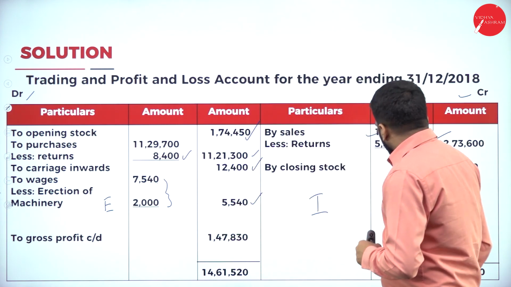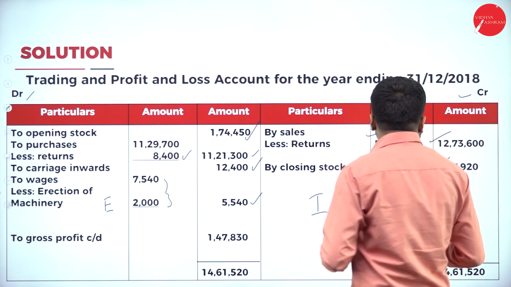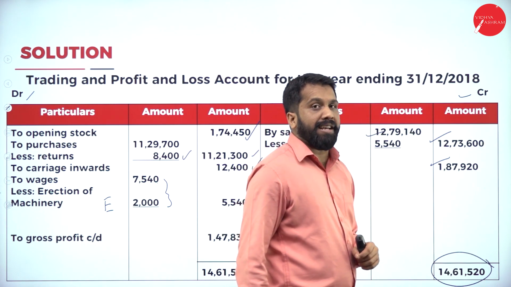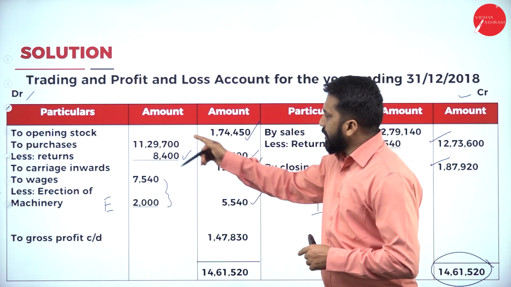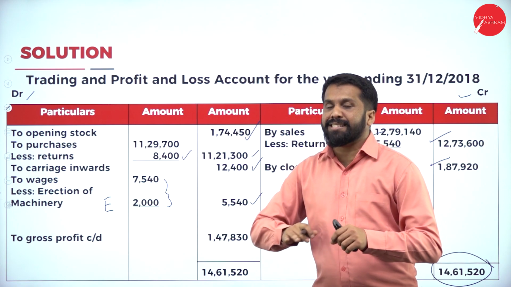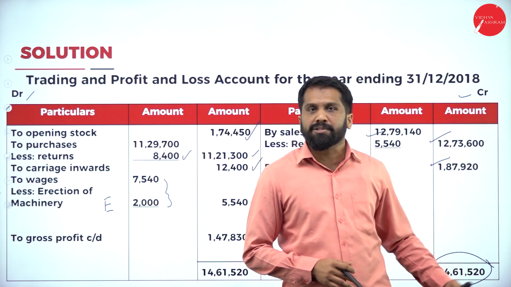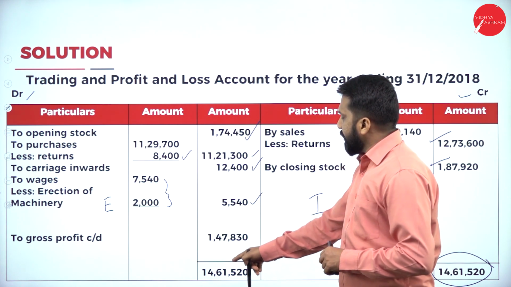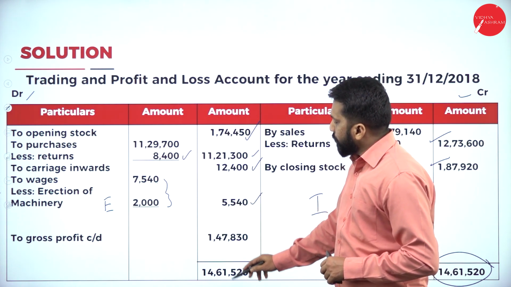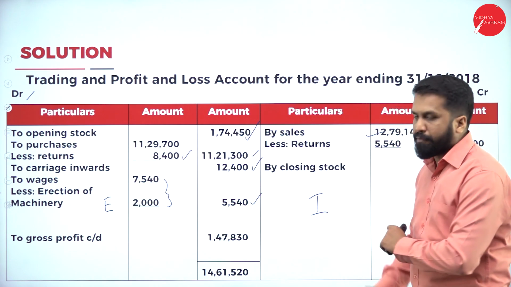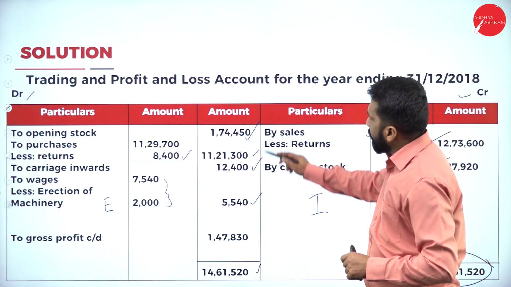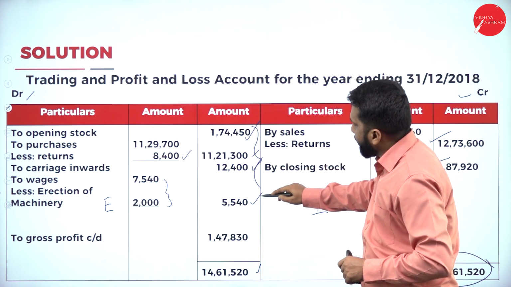If you add, the total is 14,61,520. If you total the other side, the answer is lesser than this value. So what should we do? From that, you copy the same answer first, 14,61,550. From this, you deduct these things.